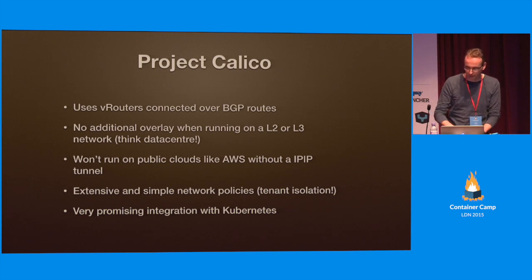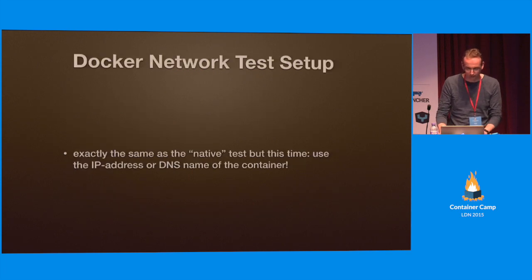So onto the test setup we used to test the SDNs. It's basically the same test like the first one I showed, but instead of using the IP address of the host, I'm using the IP address or the DNS name provided by the software-defined network to the container.